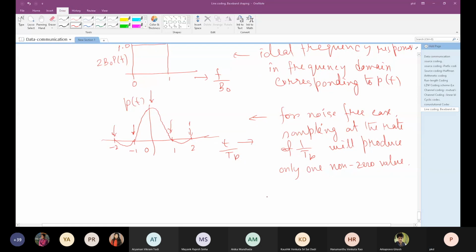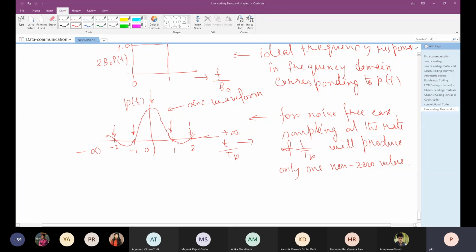Because it is this function, if it could be realized in practice, a sinc waveform going from -infinity to +infinity. Since we are sampling at the rate of TB, only one non-zero sample we will get in noise-free cases.